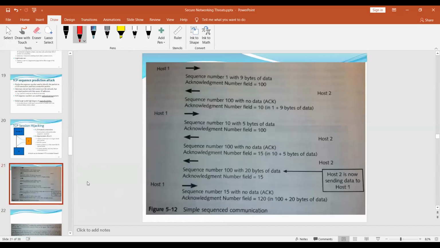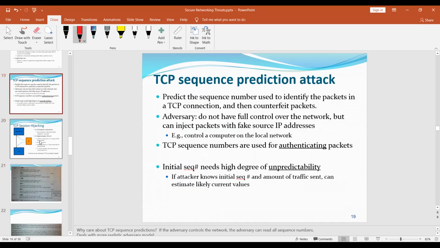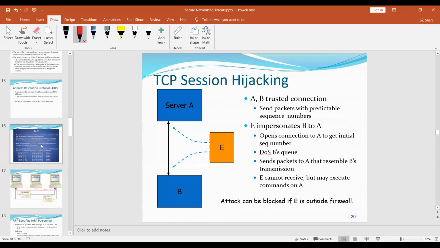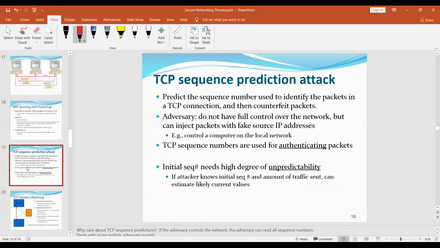This is a very nice example, actually. We'll cover this in the next lecture, but make sure you take a look at these. Here, TCP Sequence Prediction.